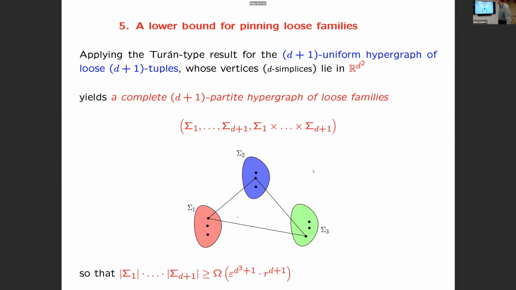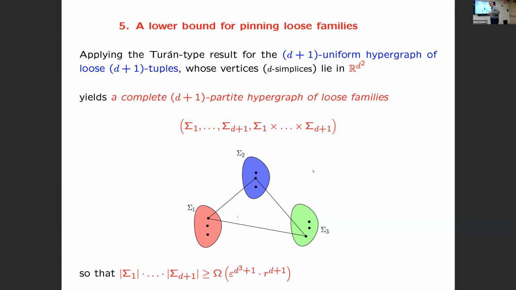Our simplices are going to become vertices in a certain representation space of dimension d times d plus 1. How many coordinates do we need to represent d plus 1 vertices?